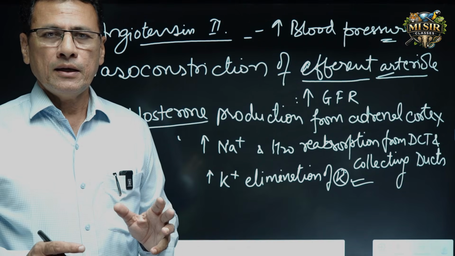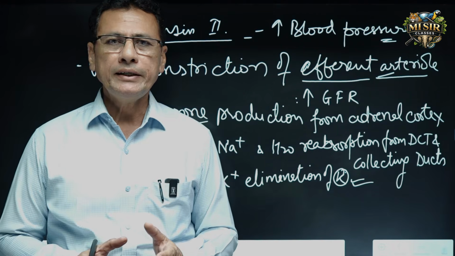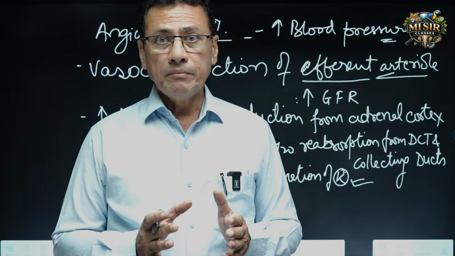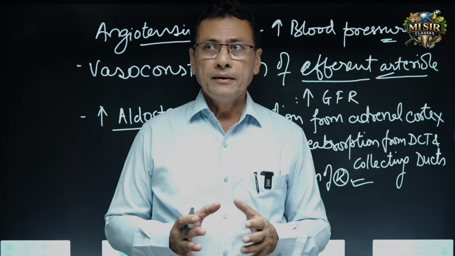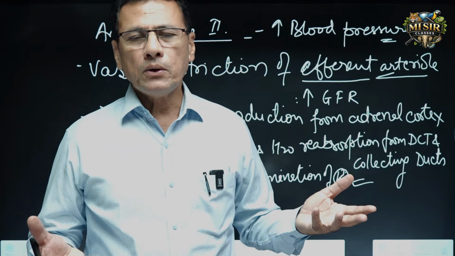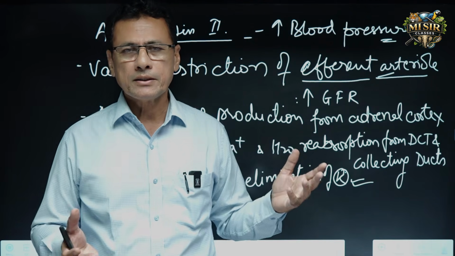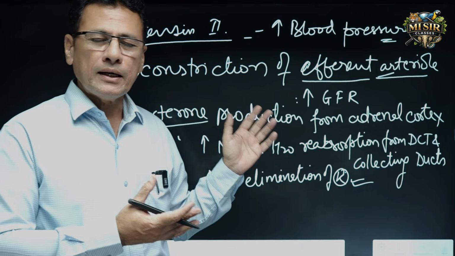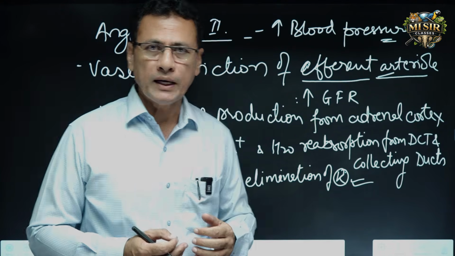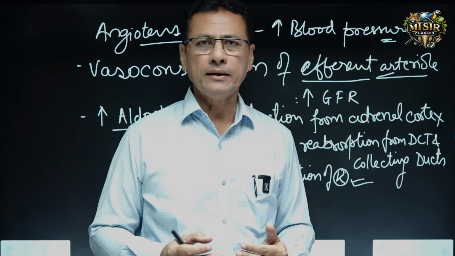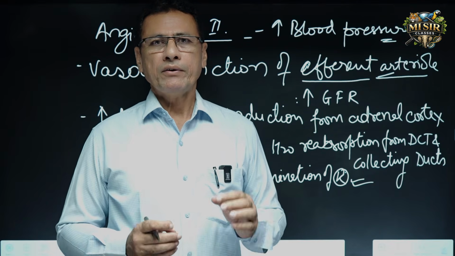So with this, we can say that kidneys play a very important role in maintaining the blood pressure, the blood volume, and the blood pH, and it is an auto-regulated system. It does not require any medicine to be taken for the system to get activated. This starts working automatically in the circumstances which I have discussed. I am confident that I have made myself very clear regarding angiotensin and its role in regulation of kidney functions. Thank you.